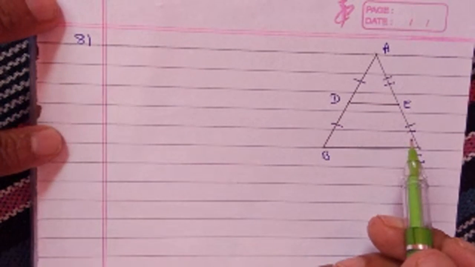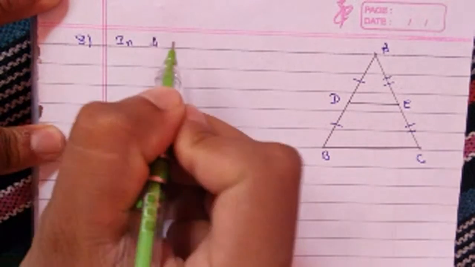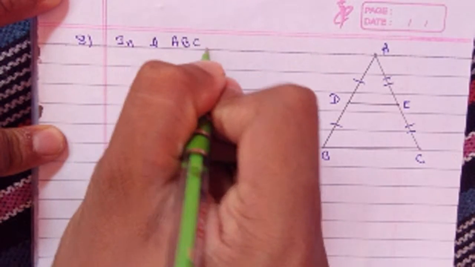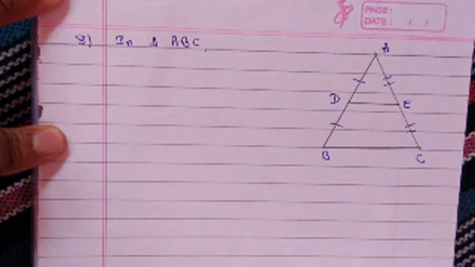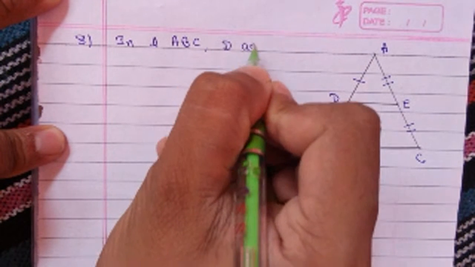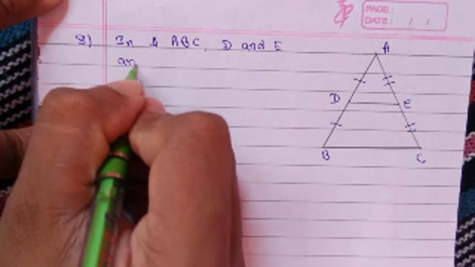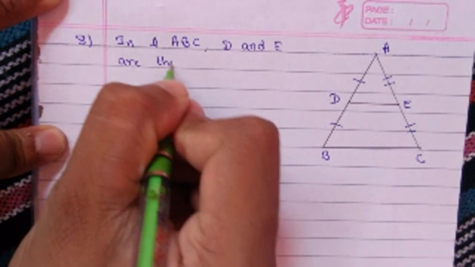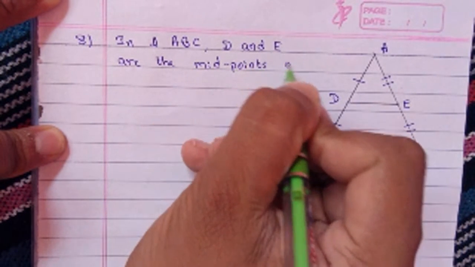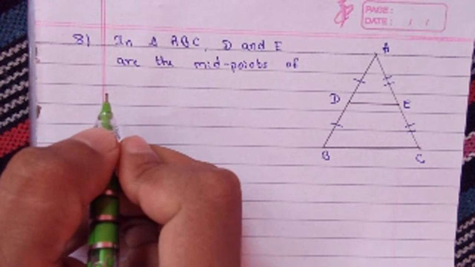I'll write the given data as: in triangle ABC, D and E are the midpoints of two sides.